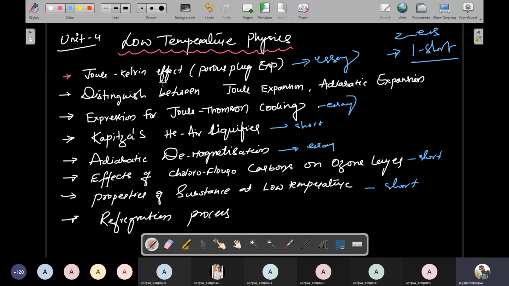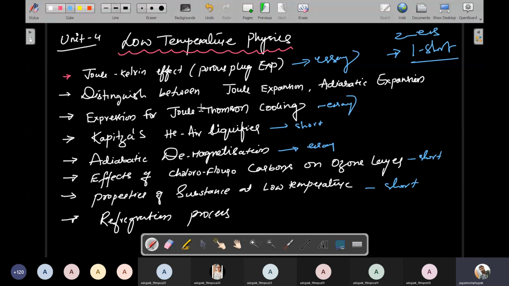Right, so for the first topic, please note everybody. I'll move to the next page. The first topic I'll explain is the Joule-Kelvin porous plug experiment. Please note, everybody, what I'm writing on the board is very important for public exams.